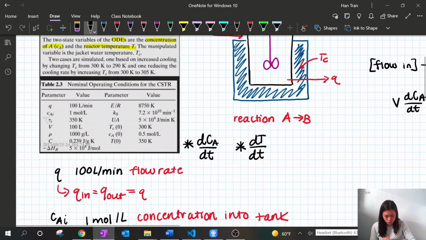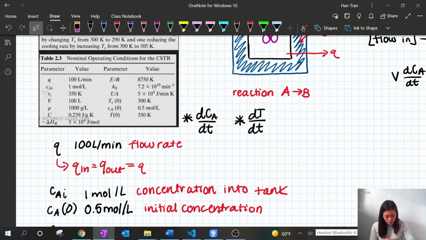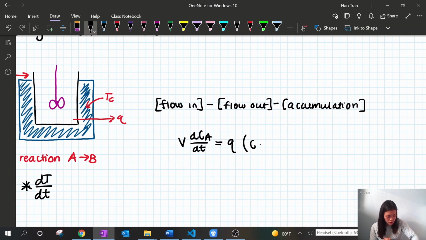So we have concentration in, which we are given as a parameter, multiplied by, since it is a continuously stirred tank, we know that whatever concentration is inside the tank is also the concentration that is leaving the tank. And so we can just have that as the concentration A.